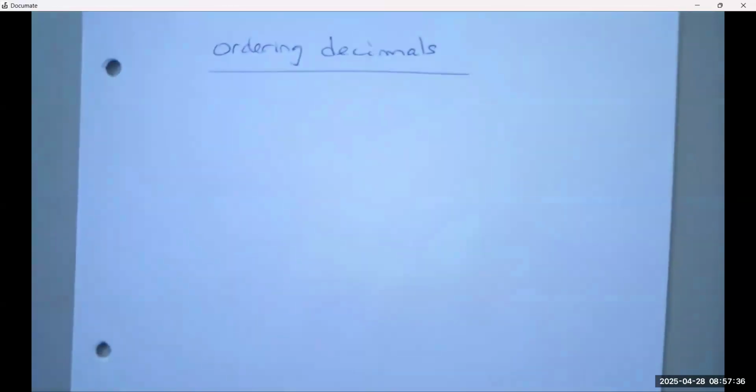Ordering decimals, placing them in order of smallest to largest.